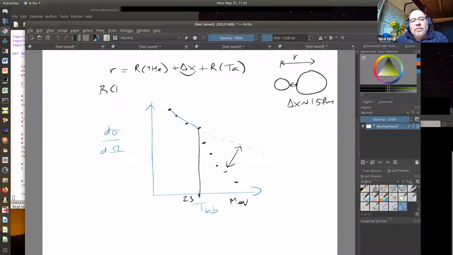The radius of tantalum will be equal to R, which is that distance determined by equating the energies in the center of mass frame, minus R alpha, which was a given, minus delta X. So if this goes up, you are saying that this will come down, right?